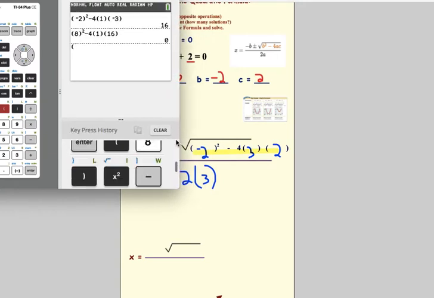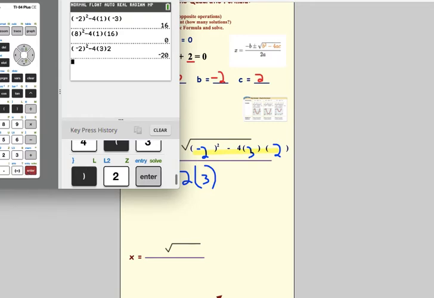I had a negative 2 squared, so I'm going to go negative 2, and then I'm going to square it, and I'm going to go minus 4 times 3 times 2. Now I think I'm going to get a negative right here, because this is only going to give me 4. I get a negative 20.